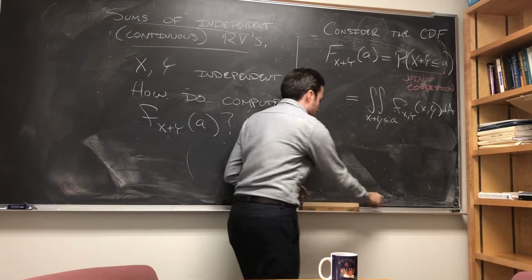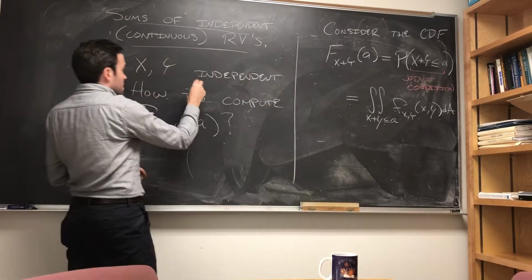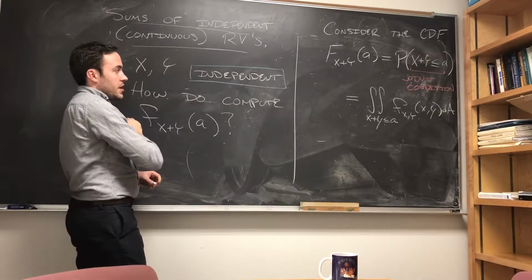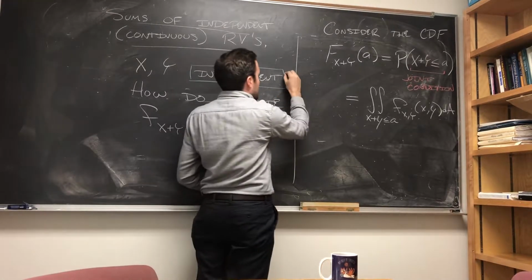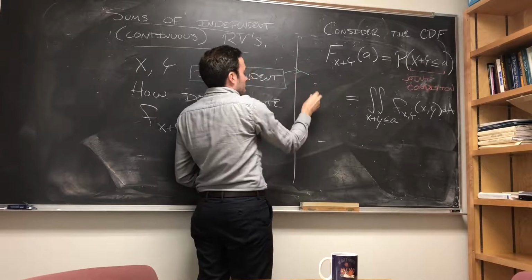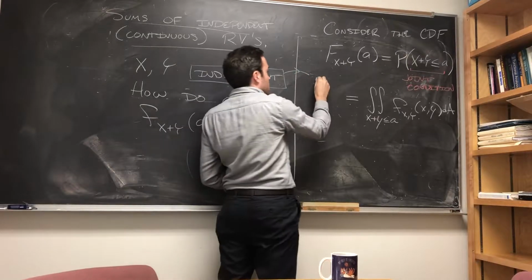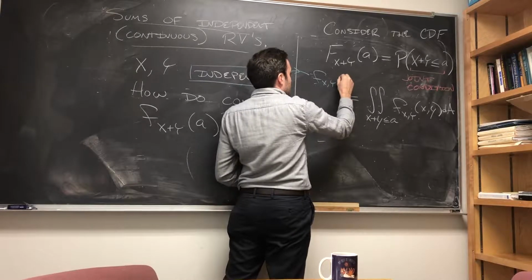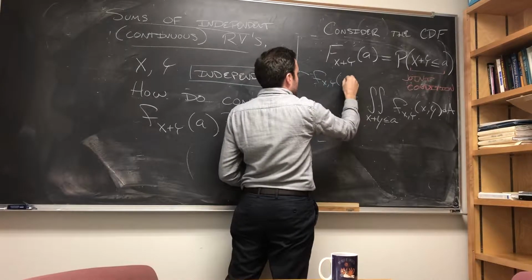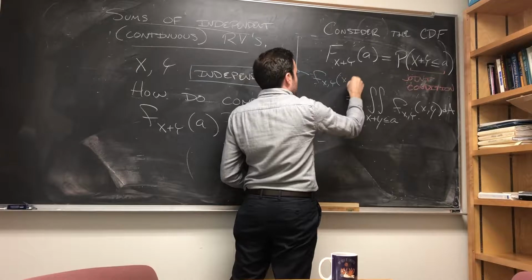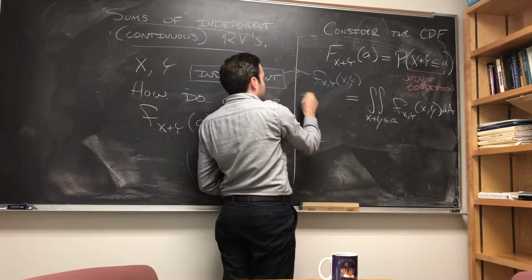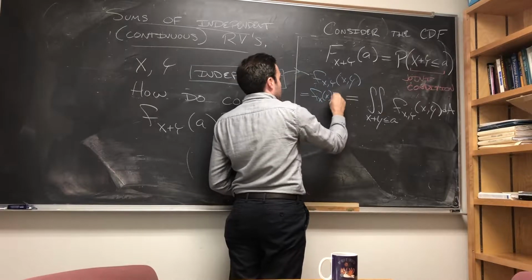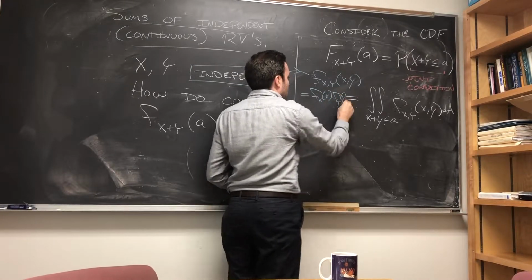Now, this is where we're going to use, essentially, this independence of our random variables, right? If you remember, what this means is that we're going to say our two variables are independent if their joint PDF can be factored, right? So this thing evaluated at x, y, if this factors nicely into f sub x of x times f sub y of y.